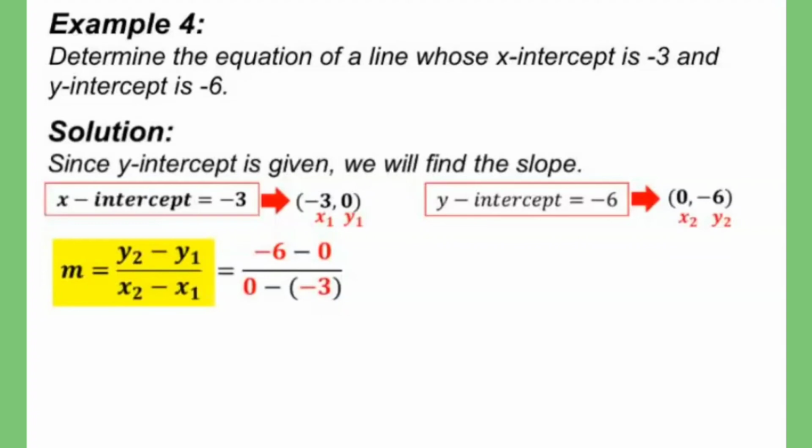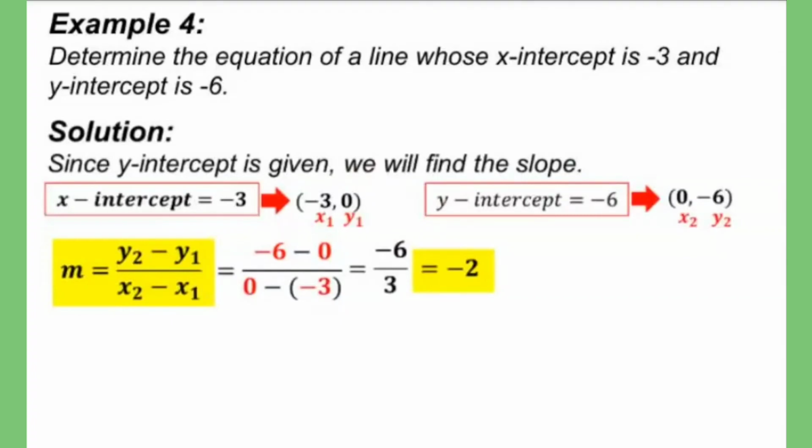Simplifying, we have negative 6 minus 0, obviously that is equal to negative 6, and 0 minus negative 3, that would be equal to positive 3. Therefore, we have negative 6 all over positive 3. Dividing negative 6 by 3, we have negative 2. And we already solved the slope of our required line.